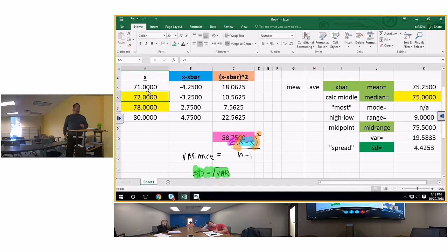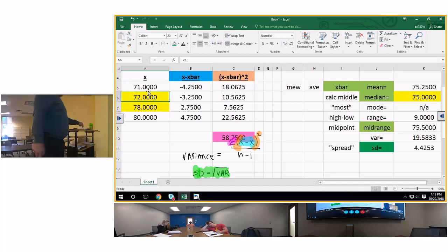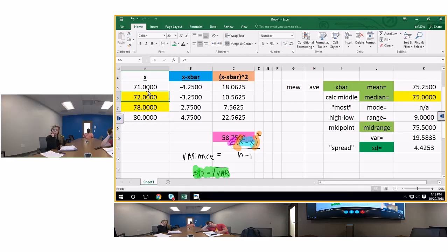Now, what does this actually mean? Well, I'm fixing to show you something very important. So you need to make sure you write it in your notes and you make sure you highlight it as being on a test or being very important. So the 4.4253 is what it's supposed to be, right? Yes. Like before you start changing it? Yes. Okay.